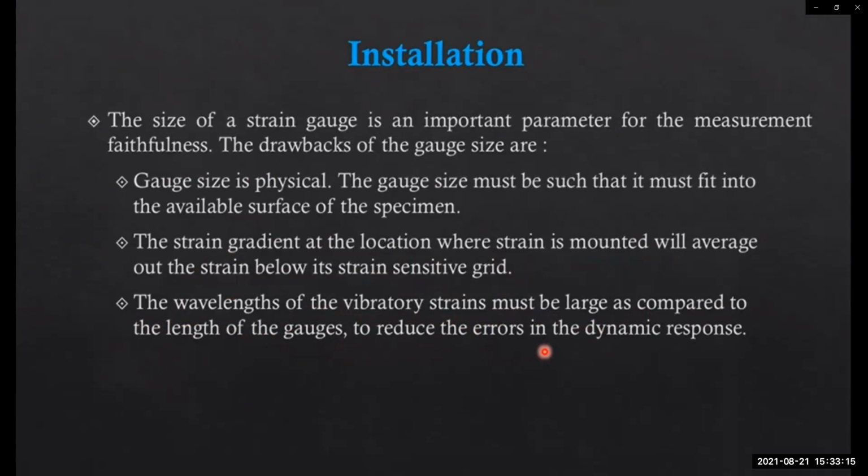The largest possible gauge size should be used, as the gauge will then have lower hysteresis, creep, or zero drift and a large current-carrying capacity. The strain gauge circuit must have high input impedance, because the resistance needs to be very high.